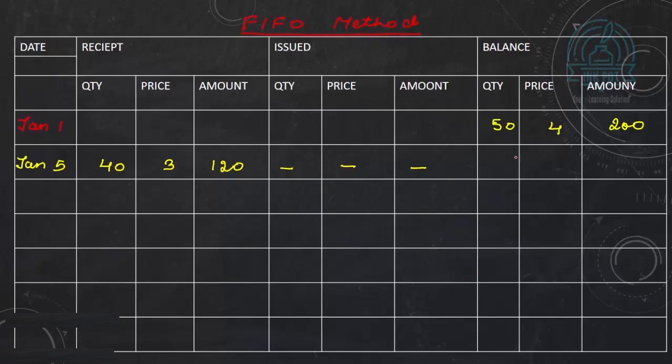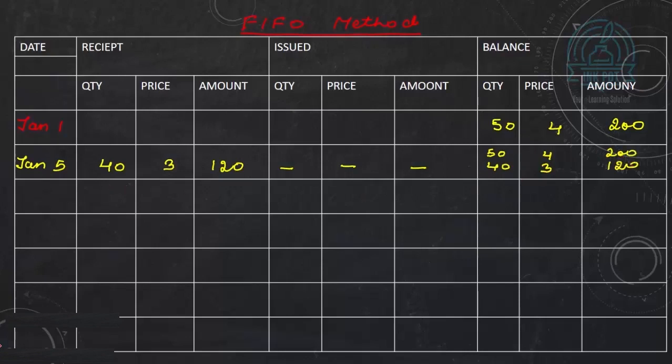And now the balance in stock is, we have 50 units at the rate of 4 and we have 40 units at the rate of 3. So we will write both the balances separately. 50 units at the rate of 4 and we have 40 units at the rate of 3, right? So balance is 200 and then we have 120, right?